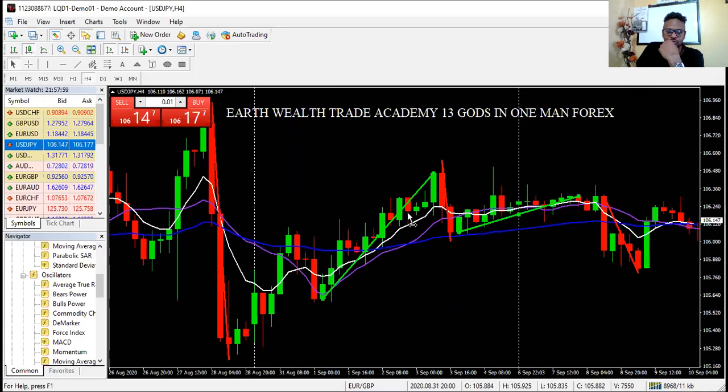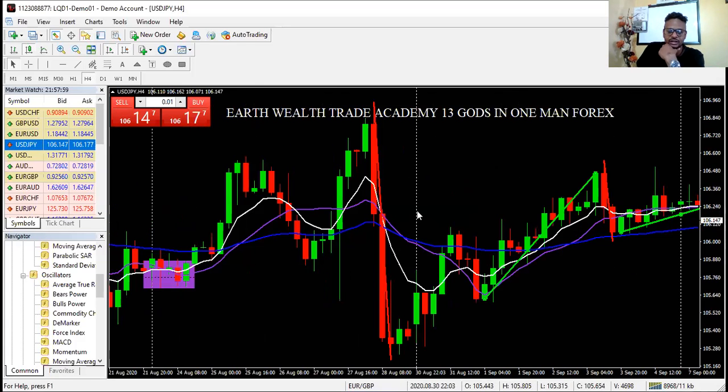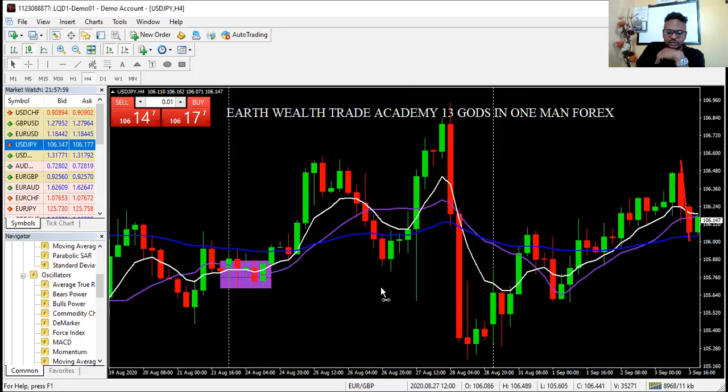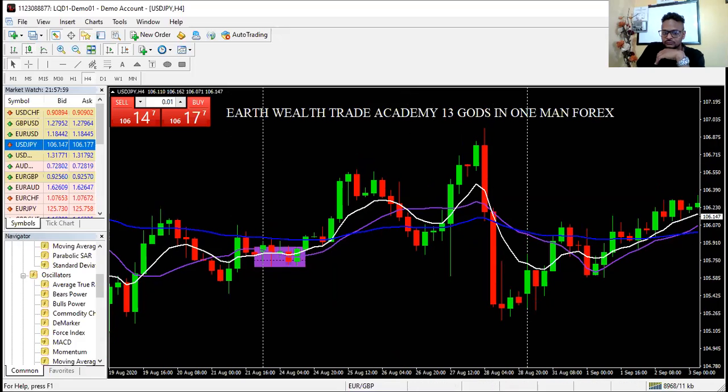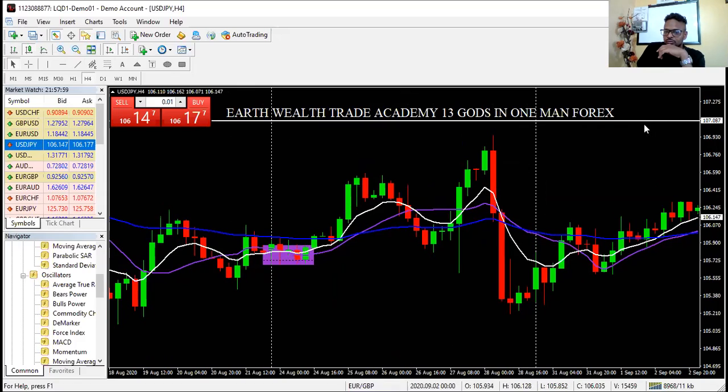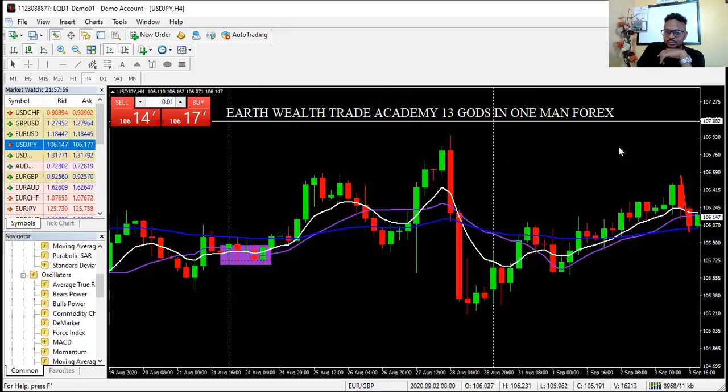How would we take the trade? Let's use here as an example. If you're in the market and you want to take the trade, and you see this happening right now and it continues going down, how would you take the trade? Do remember that you put your stop loss above, up here, away from the candle, at least 13 to 20 pips away from it.